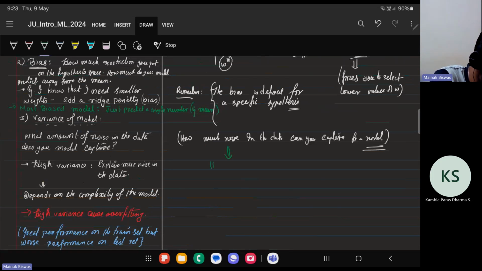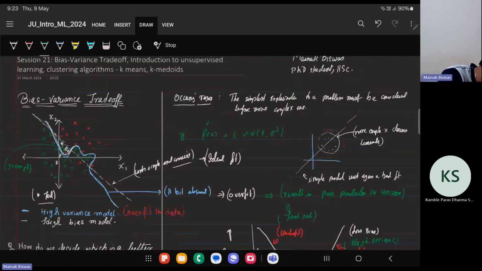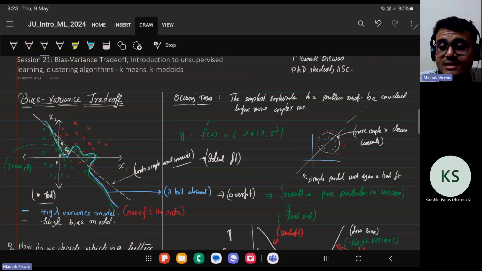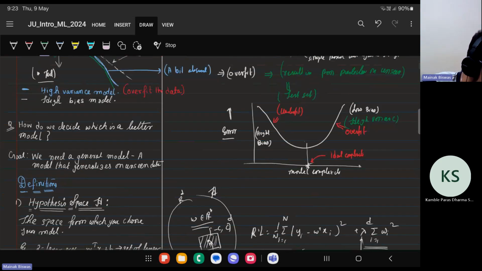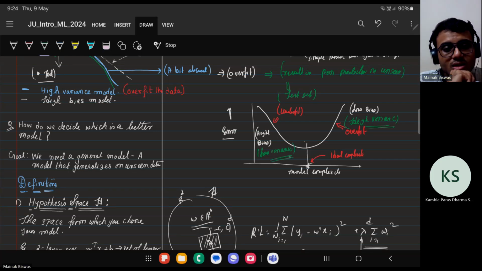So how much can you overfit? In the previous example, the overfitting model that we defined was seen to have a very, very high variance because it was able to capture the noise in the data. Correct? This is also known as the high variance point. This is the high bias or low variance point. Clear? Any questions?